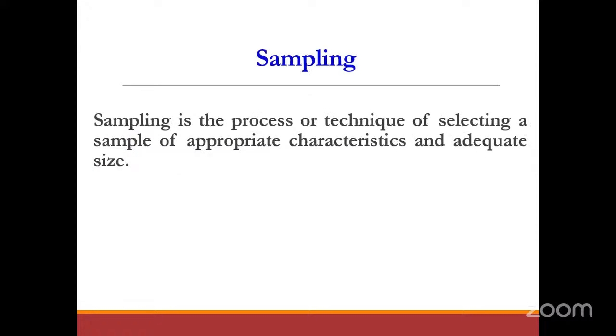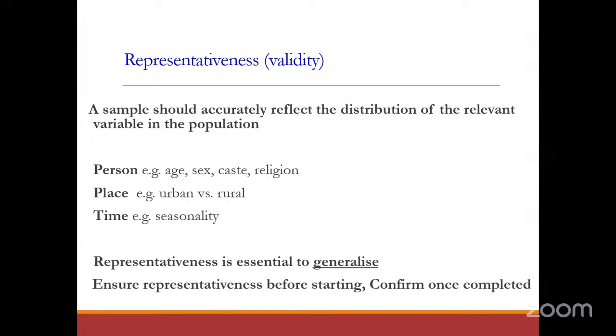So sampling is the process or technique of selecting the characteristics and the adequate size. There are different kinds of sampling based on probabilistic and non-probabilistic measures, which I will come to later. So I have to collect a sample in such a way that the sample should be valid and should be reliable for our study.